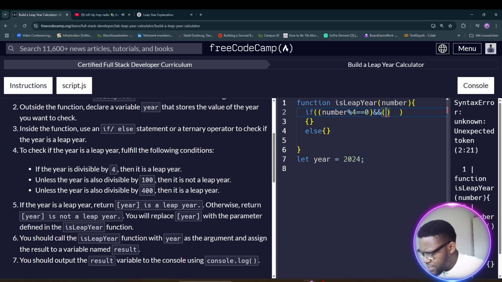So let me think. Unless the year is also divisible by 100. So if a year is divisible by 100, I wanted to use the else if statement. I think that else if structure. Let me just try. If a year is divisible by 100.